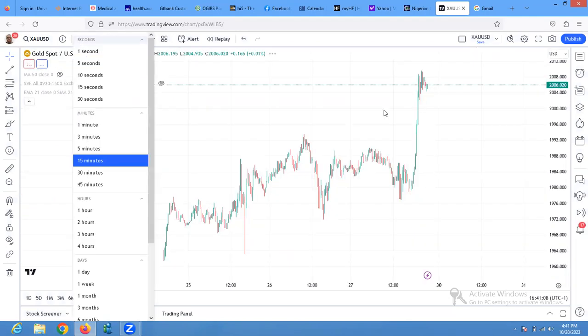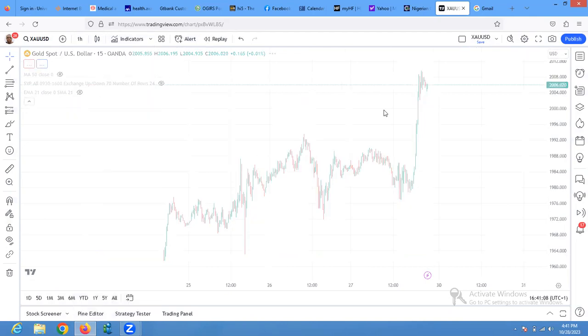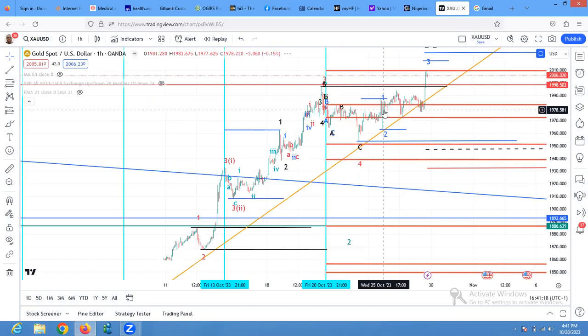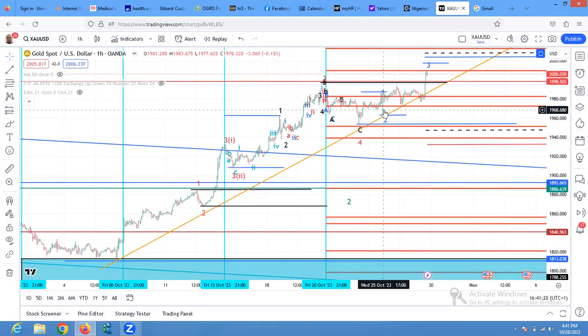For those trading gold, don't expect favor from gold. If you want to sell gold, it will be wise of you to allow a break of structure to the downside before you sell it. This is highly impulsive. I'm not a soothsayer and I'm not a carrier of bad news. I'm just stating the obvious.